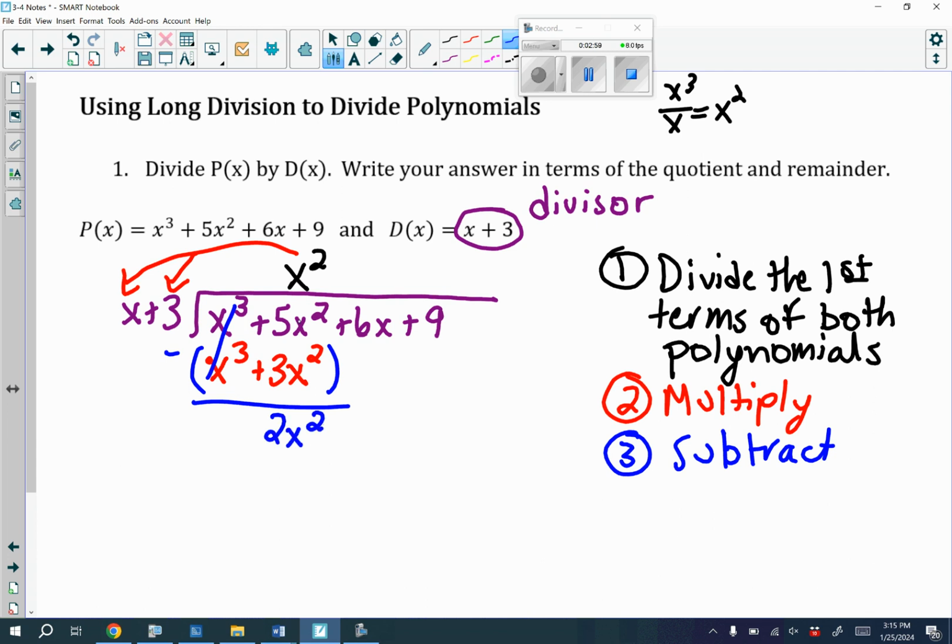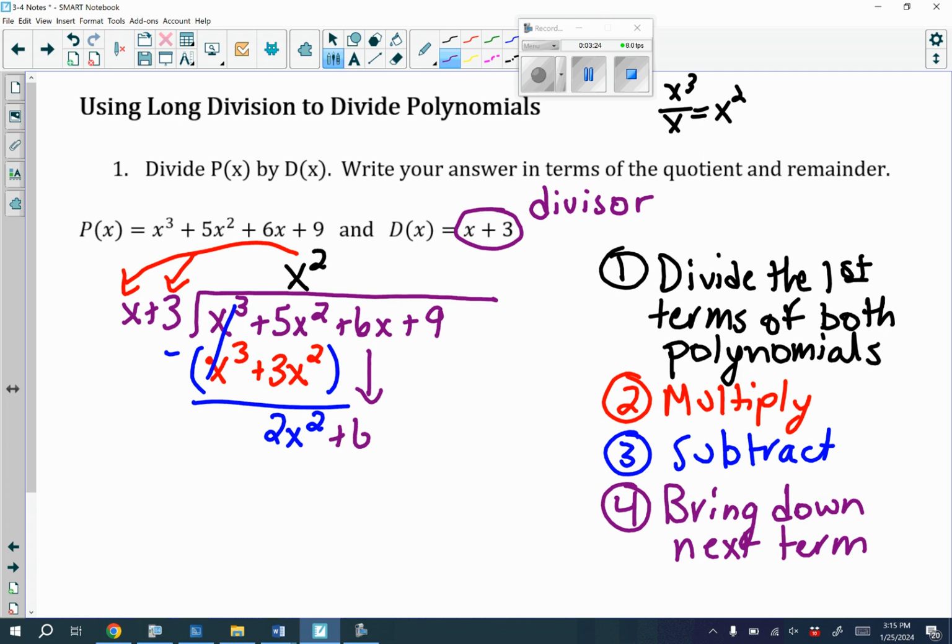Why? Well, we have 5x squared minus 3x squared. You have to subtract, so that's how we get 2x squared. Our last step is to bring down the next term. The next term is 6x, so we bring that down.